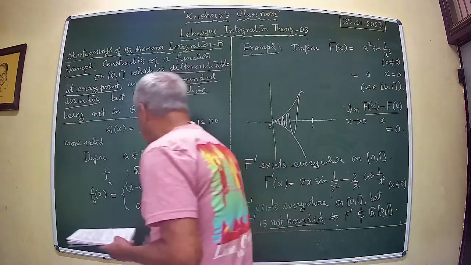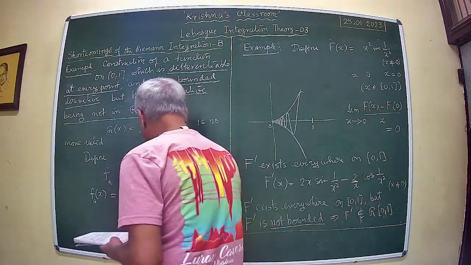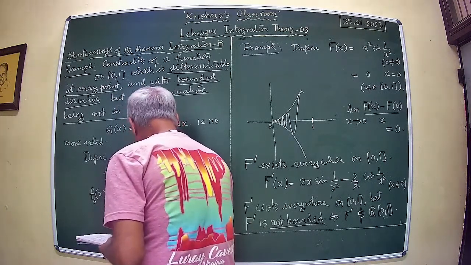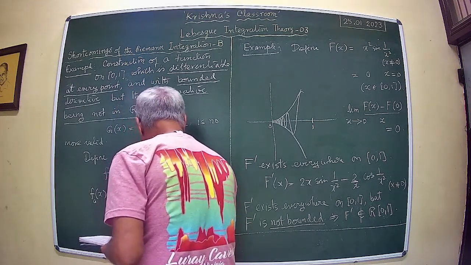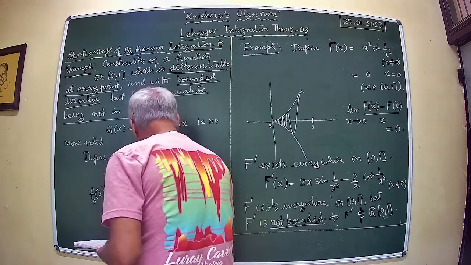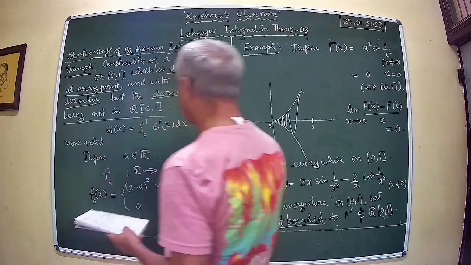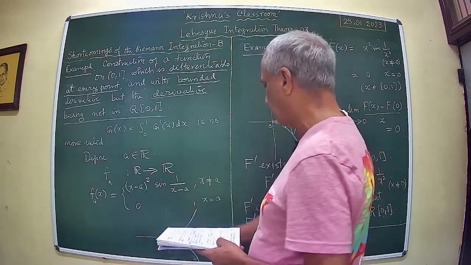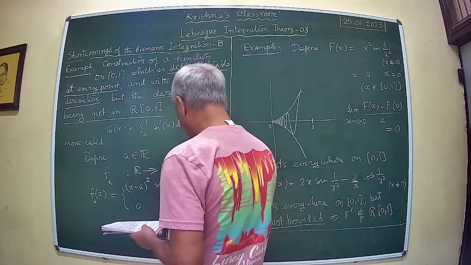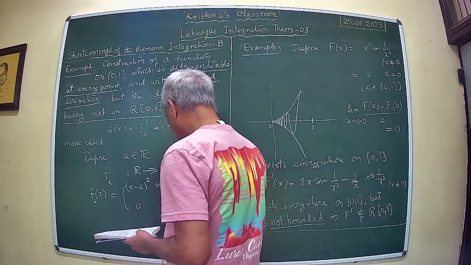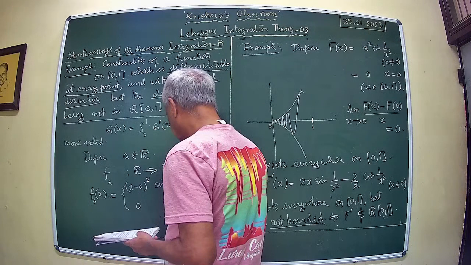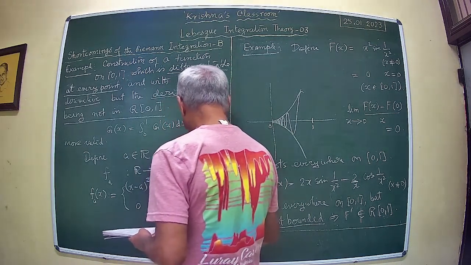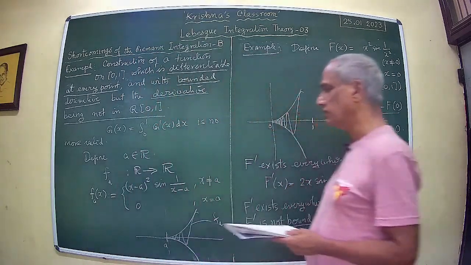So the function is once again of this type. This is a. So you have (x minus a) whole square and minus (x minus a) whole square. These are the two curves there. And what you have is it oscillates. This is the function f.